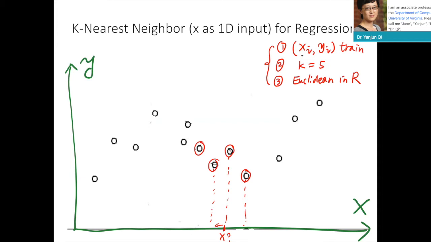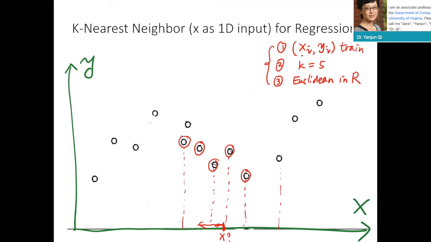Let's look at the distance of this one versus that one. So this is my first neighbor. It's a little bit tricky to figure out the fifth one. On the right, these are the absolute differences from my x question mark, and I think the nearest neighbor is actually this one.